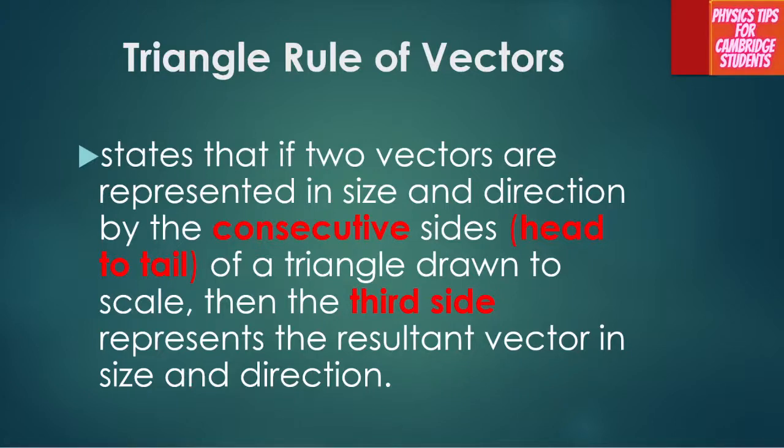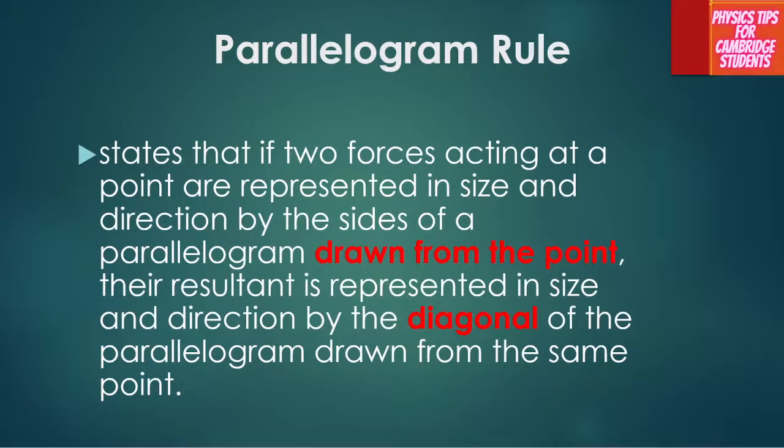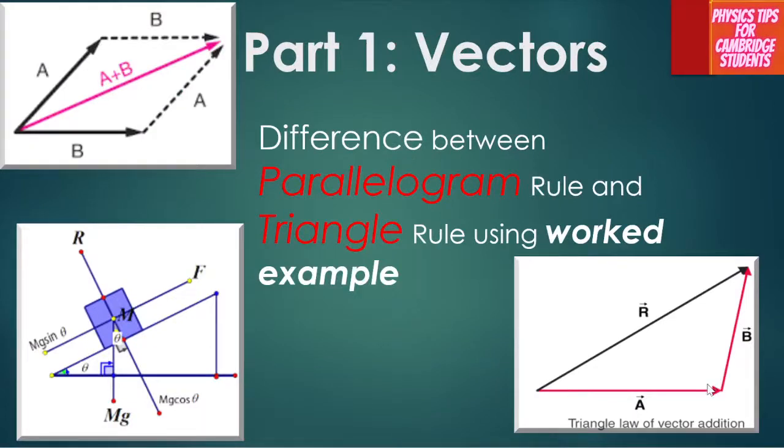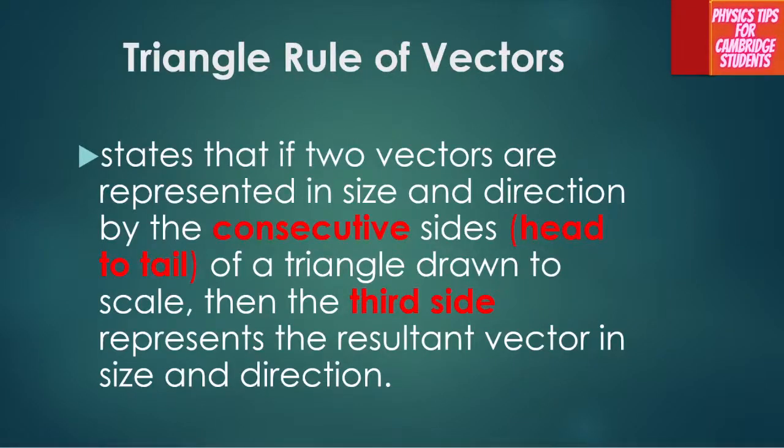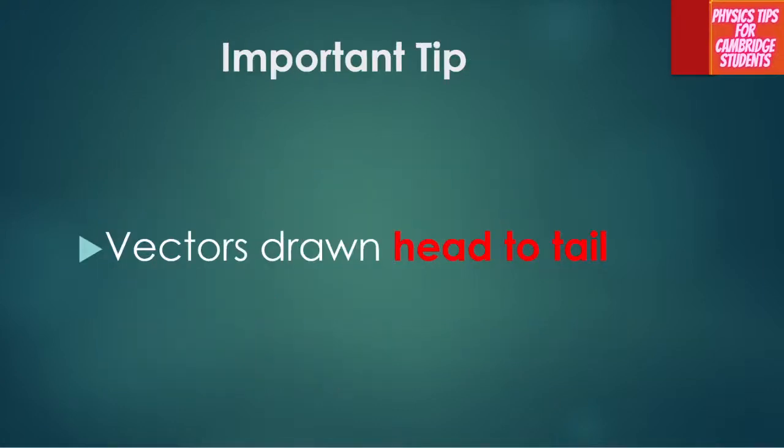So in this one, the vectors have been drawn head to tail, as you can see. The tail of this one is joined to the head of that one. That would be your resultant. The thing to note here is that the vectors are drawn head to tail.